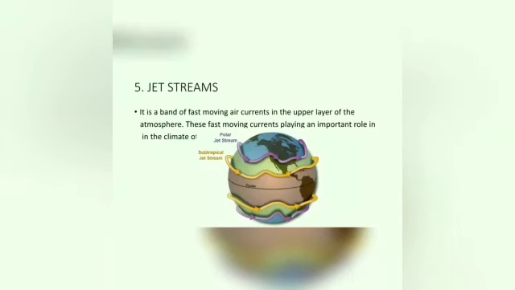Jet streams. A jet stream is a band of fast moving air currents in the upper layer of the atmosphere. These fast moving currents play an important role in the climate of India. They also have an impact on the arrival or departure of the monsoons. They are responsible for bringing western disturbances from the Mediterranean region to India. Western disturbances are temperate cyclones originating in the Mediterranean Sea.